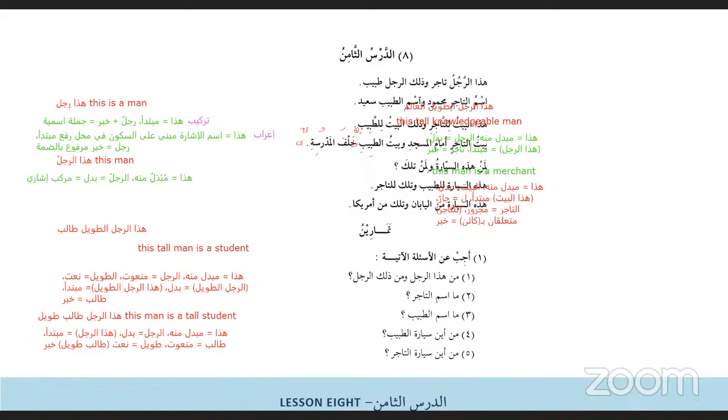وَذَلِكَ الْبَيْتُ لِلطَّبِيبِ. What's the translation of وَذَلِكَ الْبَيْتُ لِلطَّبِيبِ? And that house belongs to the doctor. Good. Tarkib wise, that is exactly the same as هذا البيت للتاجر.